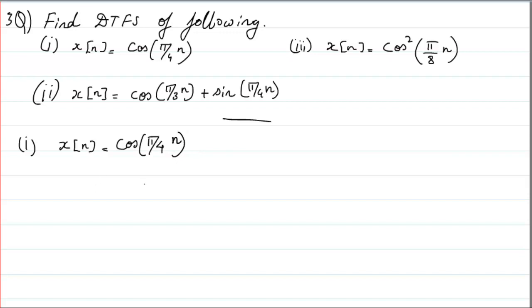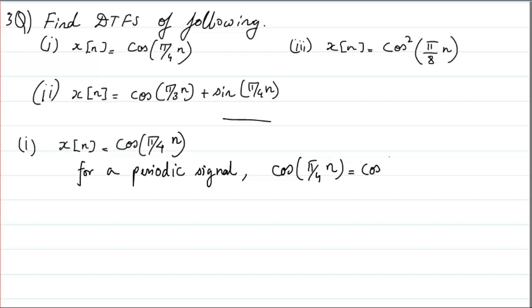Generally for a periodic signal, the condition that we always have is that cos of pi by 4 n should be equal to cos of pi by 4 n plus capital N naught. In that case, it's a periodic signal, isn't it?